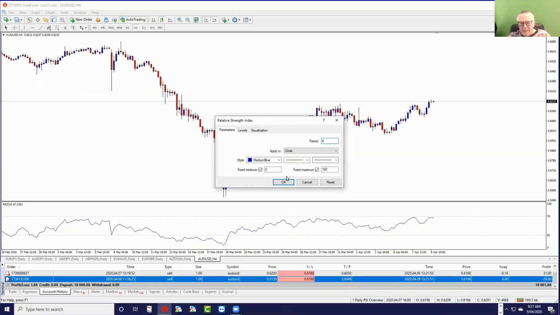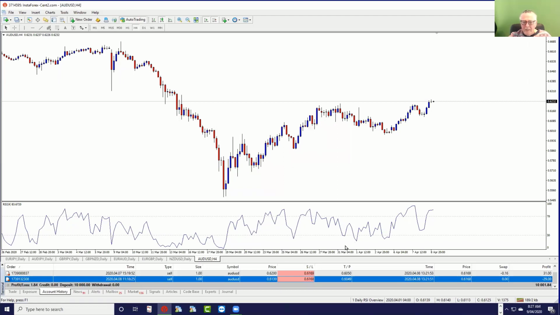firstly, there's a lot of things that happen. You get your overbought and your oversold. You get your extreme overbought and oversold. There's a whole lot of things that happen when you use it. You even get shapes, like double tops, a head and shoulders. You can draw trend lines and things like that.